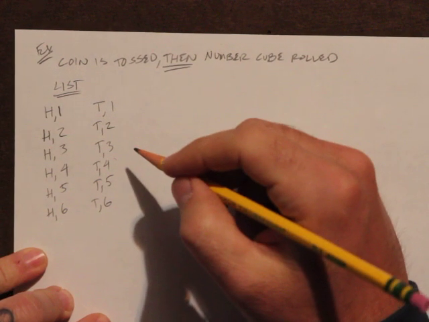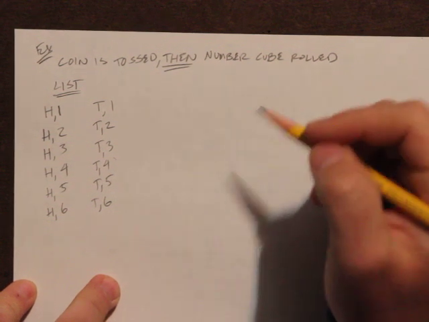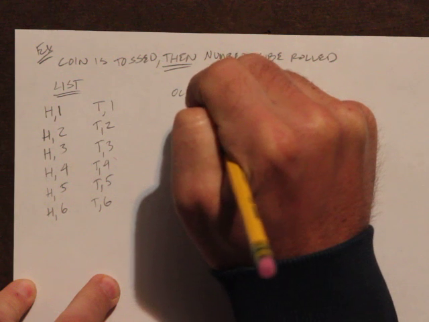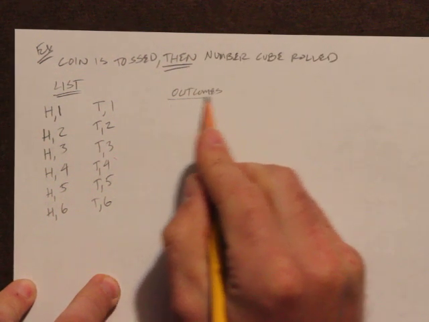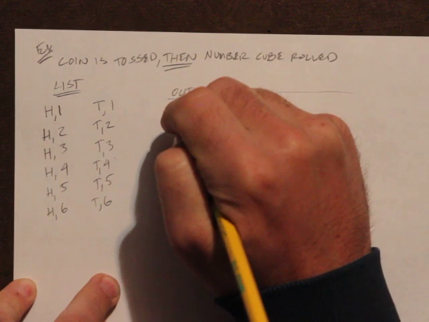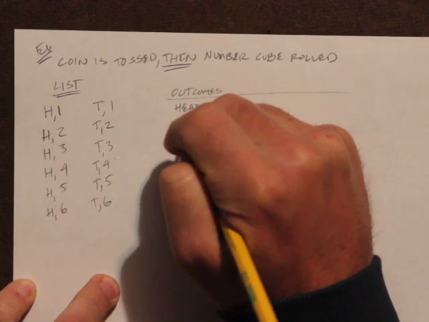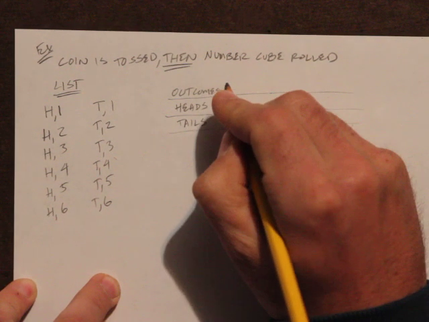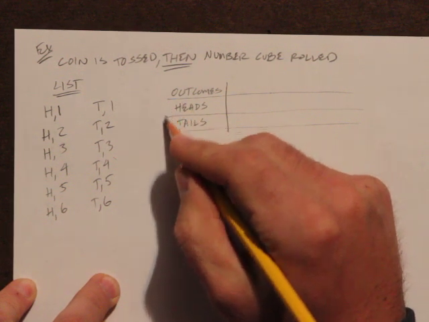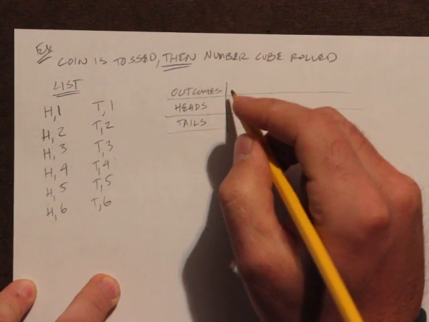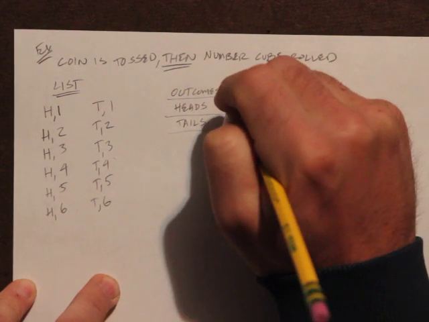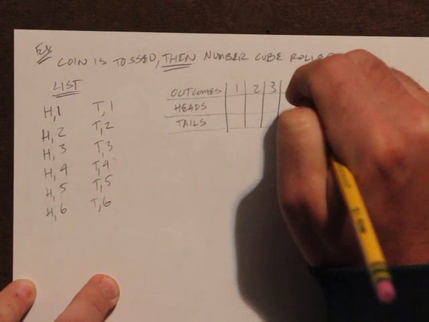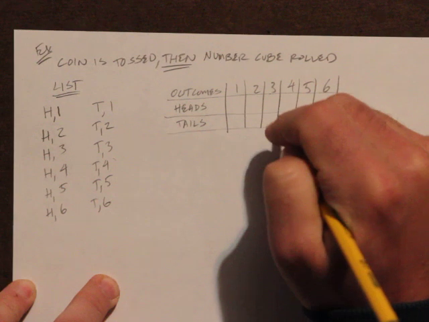So let's look at what this would be on a table. So I got my outcomes. I'm going to do heads and tails first. So here's my first event. My second is my number cube, so I can get 1, 2, 3, 4, 5, or 6.